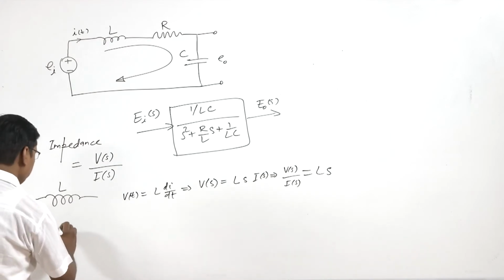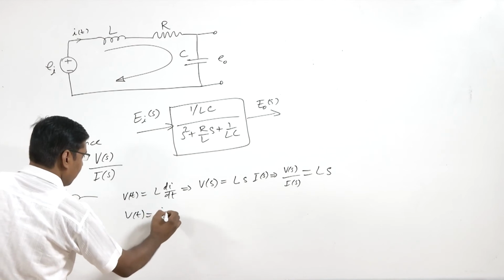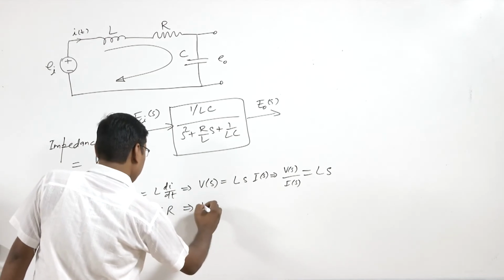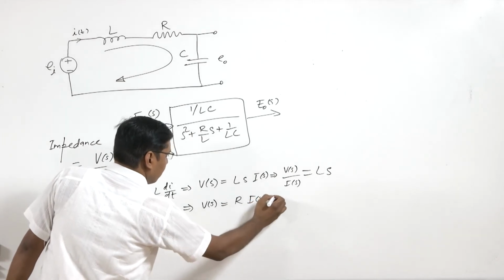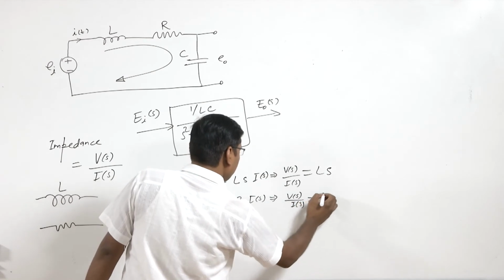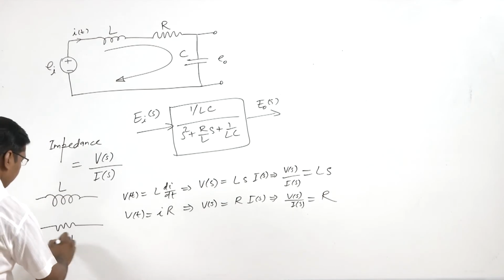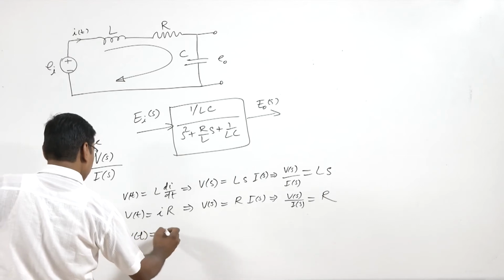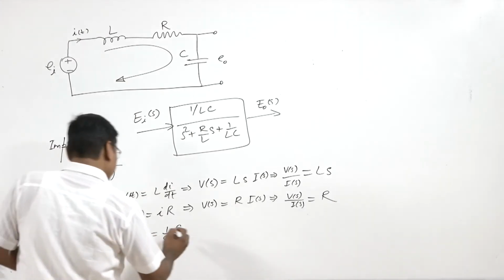For a resistance, v equals iR. So here V(s) equals R into I(s), so V(s) upon I(s) equals R. Similarly, for a capacitor, we have v equals 1 upon C integral of i dt.